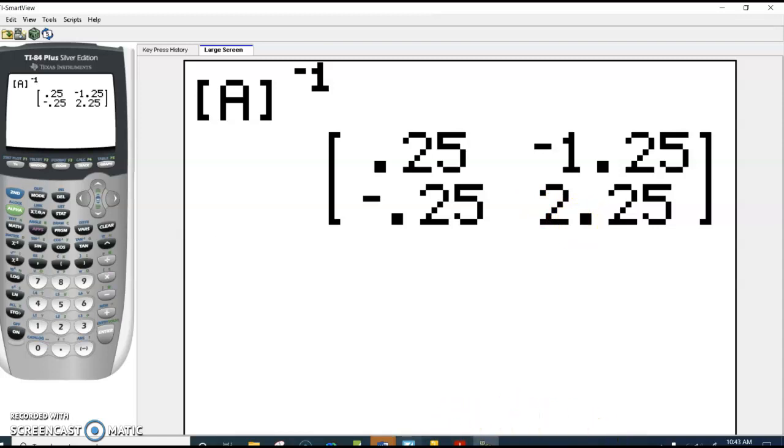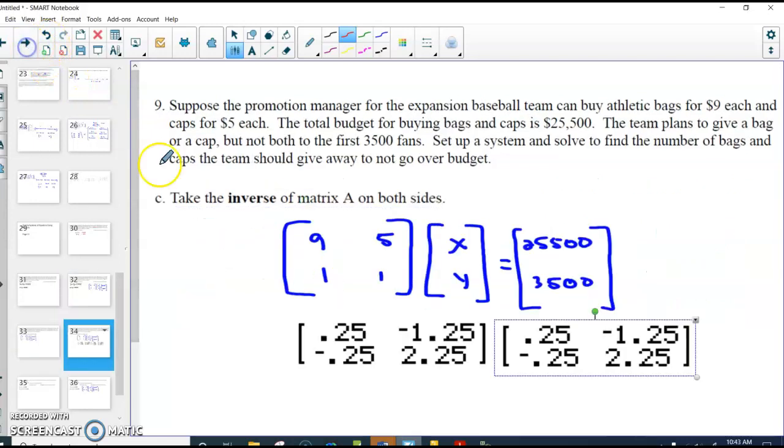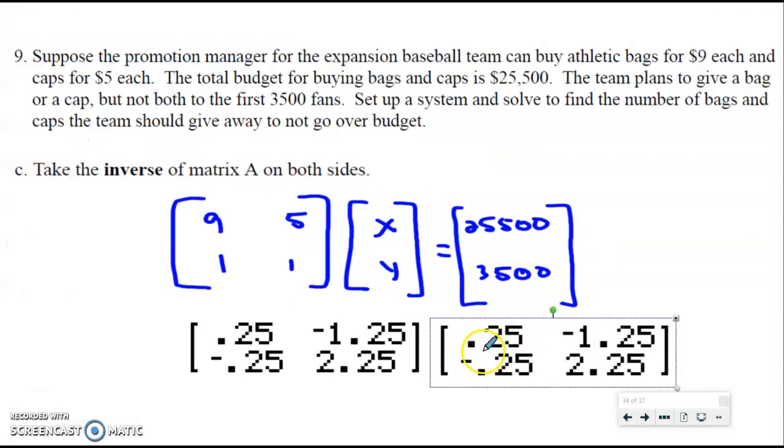When I do that, I am taking both sides and multiplying 9, 5, 1, 1 by 0.25, negative 1.25, negative 0.25, 2.25. When I multiply this matrix by this one, I get an identity matrix. Now I want to take the rows by this column to find out what x and y are.